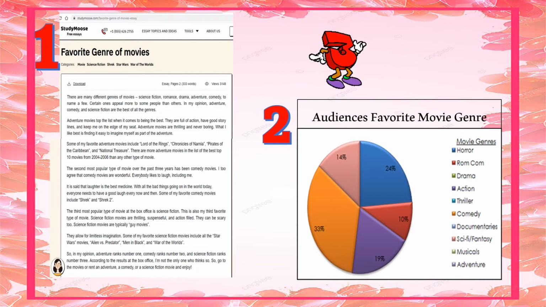Question number 3. What kind of graph uses portions or slices to represent numerical proportions or percentages of a given whole as shown in picture number 2?